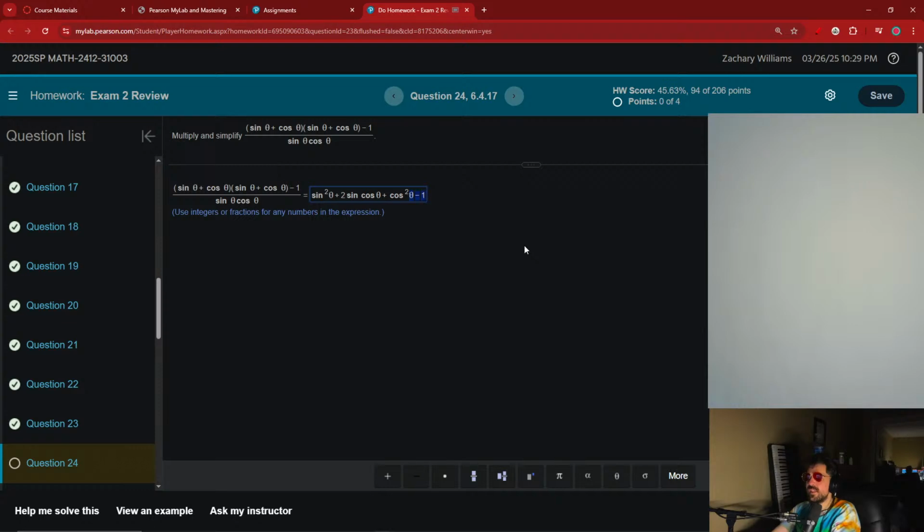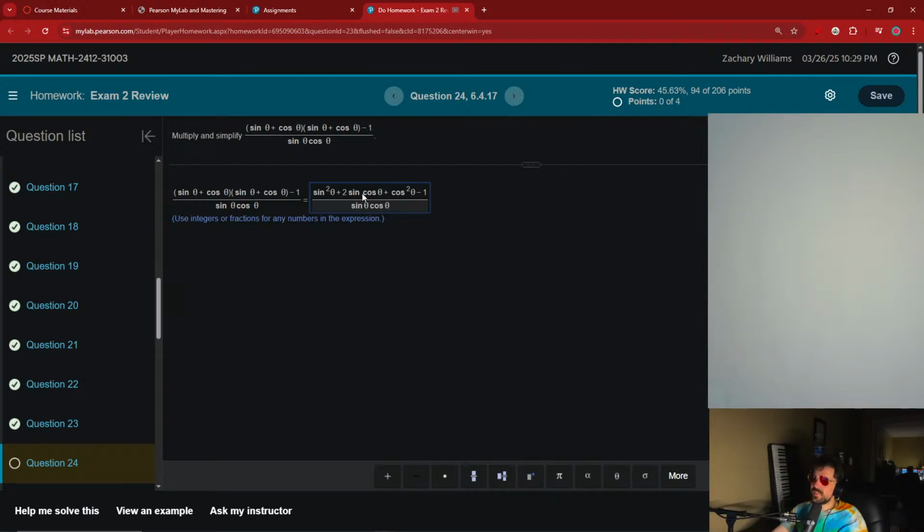And all that over sine theta cosine theta. I think I gotta put one more here too. Multiply and simplify. Cosine squared theta -1. Is that a thing?